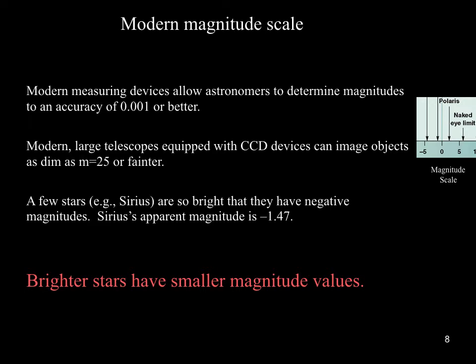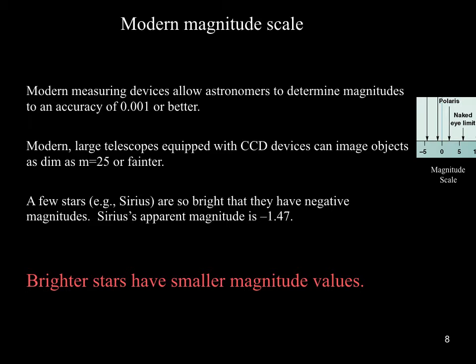And if you look at this slide, we have improved beyond just basic telescopes that we look through. Now we've thrown in things like CCD cameras that allow us to view things that are much fainter. And we've also been able to see things with negative magnitudes.